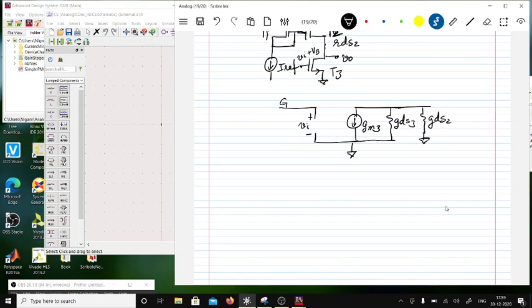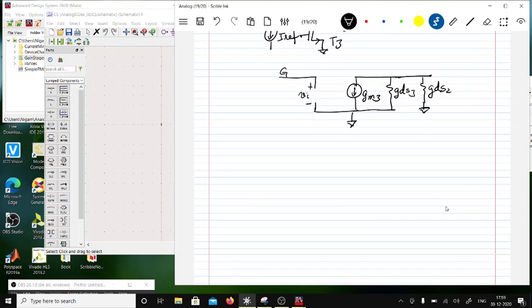Okay, so now if this is the scenario, let's say that this is VO, right? So I'm going to apply Kirchhoff's current law here. The current law would be VO into GDS2 plus GDS3, because they are in parallel, right? GDS2 plus GDS3 would be the total, and the current flowing out of the node is taken as positive.